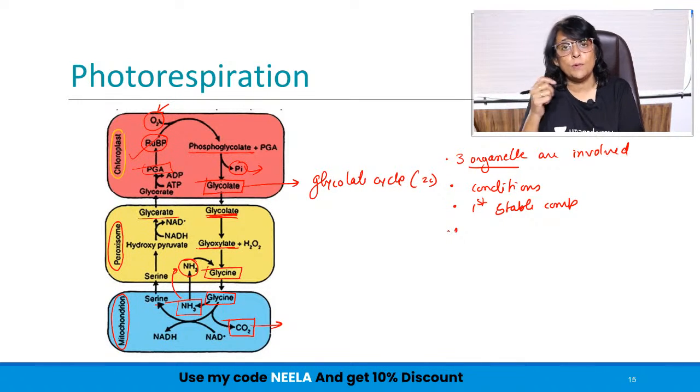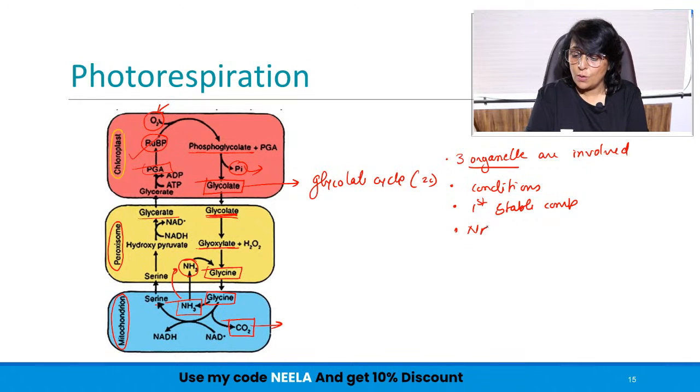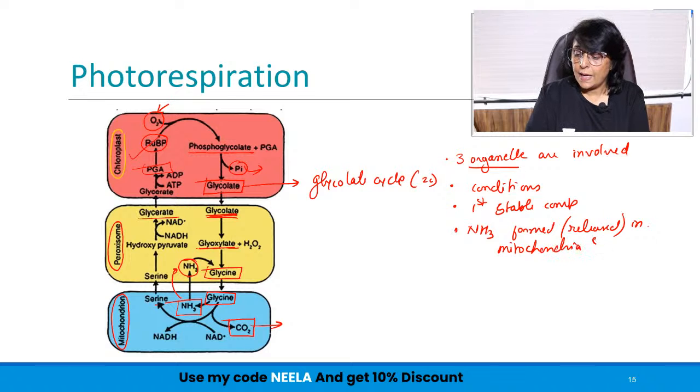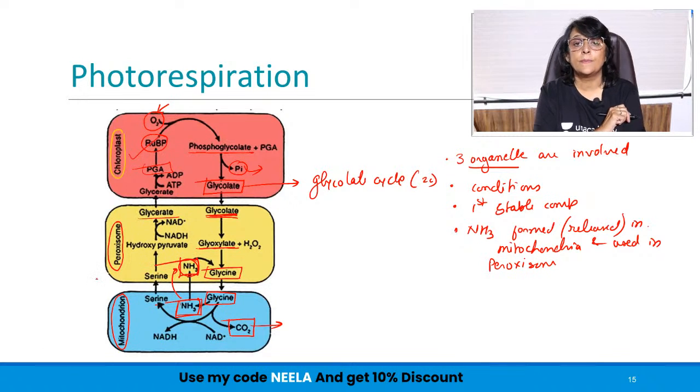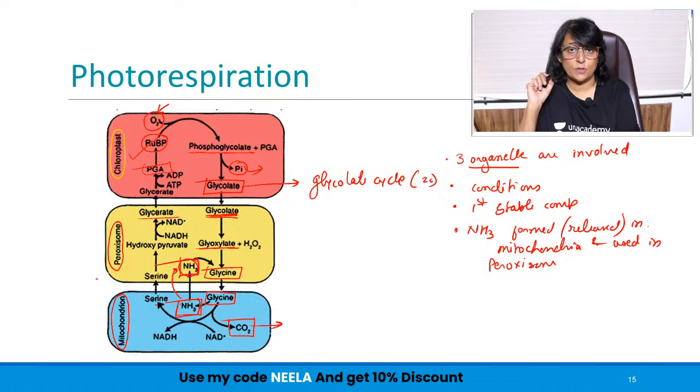Where is it formed? Where is it used? So it is formed or released in mitochondria and used in peroxisome. Okay? It was released here and it is used here. So this is one question which is asked.